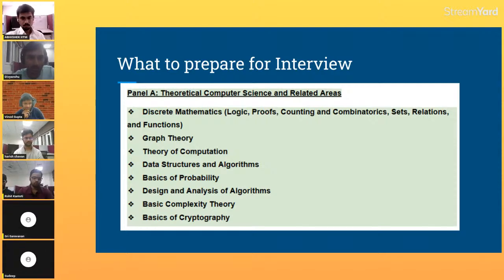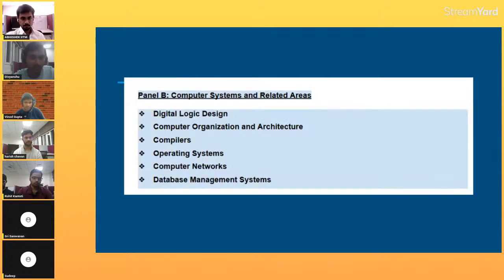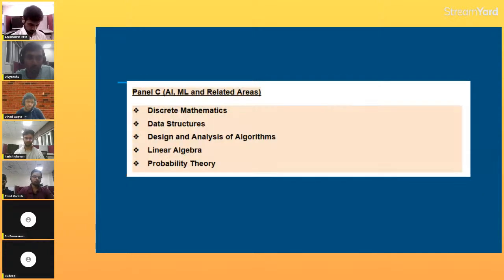After theoretical computer science, panel B is computer systems. For computer systems, you have to prepare one of these subjects: computer organization, compilers, digital logic, operating systems, networks, or DBMS. Moving forward to AIML. In AIML also we have discrete maths, data structures, ADSA.